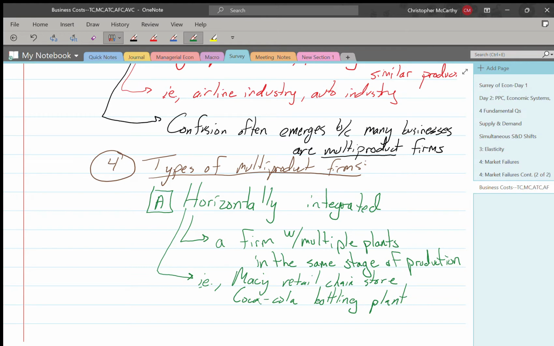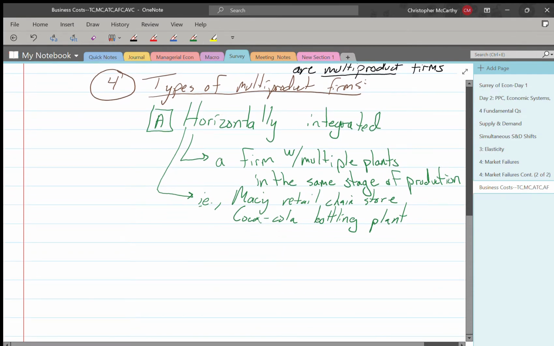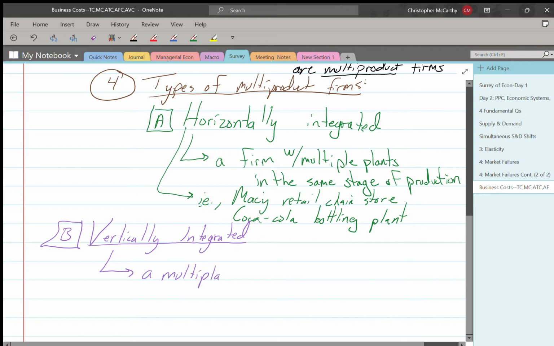Compare this to something which is vertically integrated. Something that's vertically integrated is a multi-plant firm in which the company owns plants at different stages of production.